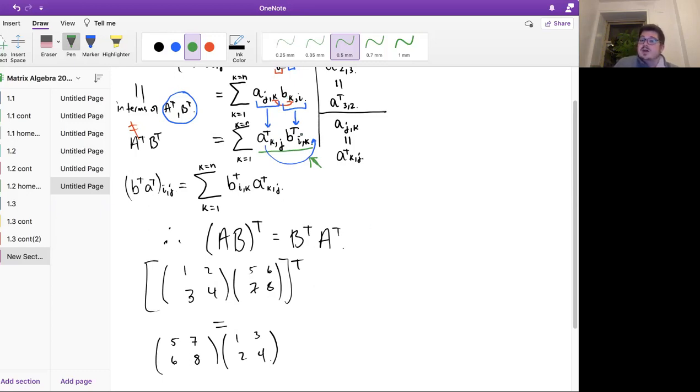But if you just flip-flop the A and B, then the K becomes the middle. And that was just our definition of the matrix product, that the columns of the first matrix are changing and the rows of the second matrix are changing.